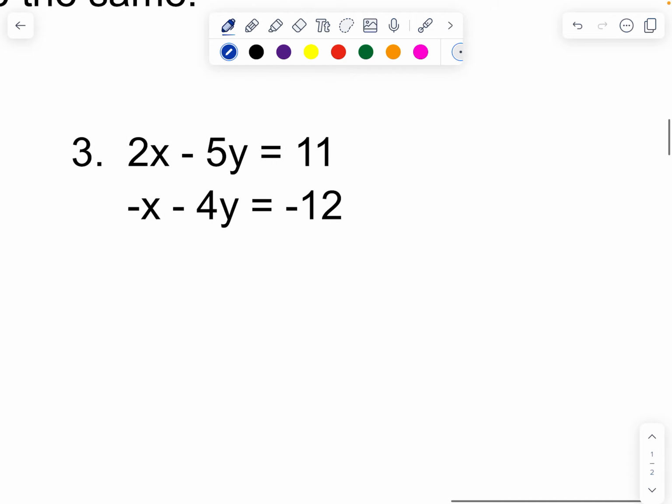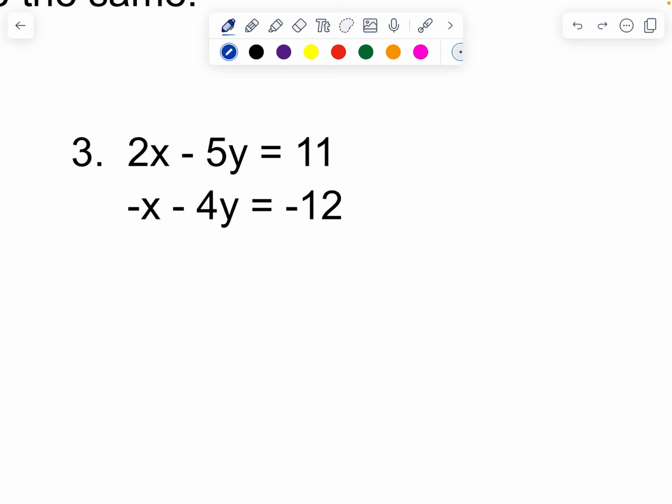This one, again, I look at the coefficients. Okay, none of them are opposites of each other. So that means that I need to multiply one of the equations.